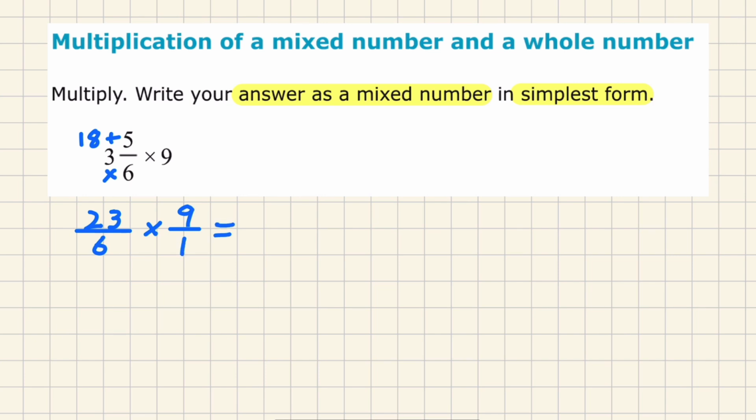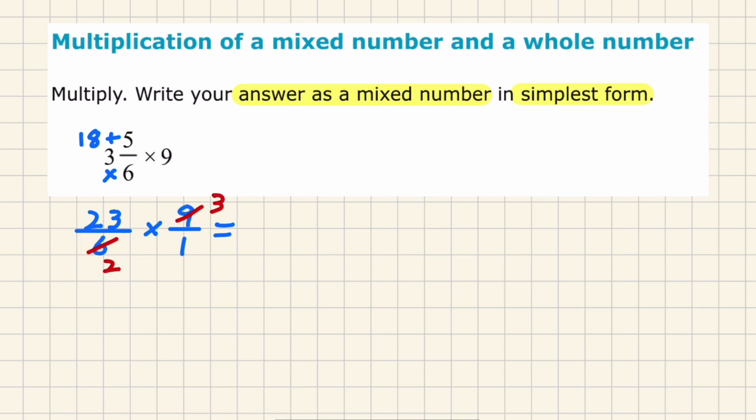From here, I now just have fraction multiplication, and I can use all of the tools of fraction multiplication, including cross-canceling, and I see that the 6 and 9 are both divisible by 3. 6 divided by 3 is 2, and 9 divided by 3 is 3.